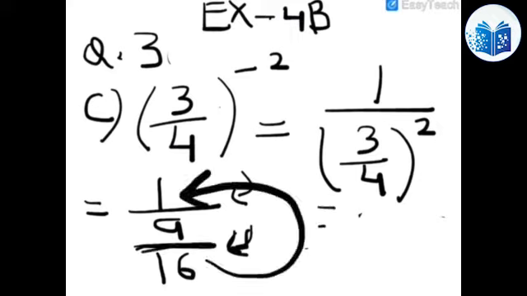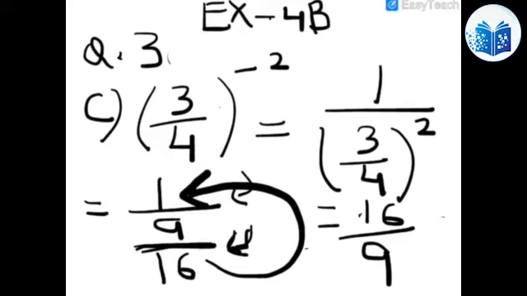So it will become 16 over 9. Remember that whenever we have a denominator under a denominator, the second denominator becomes the numerator of the first fraction. All right, so this is 16 over 9.